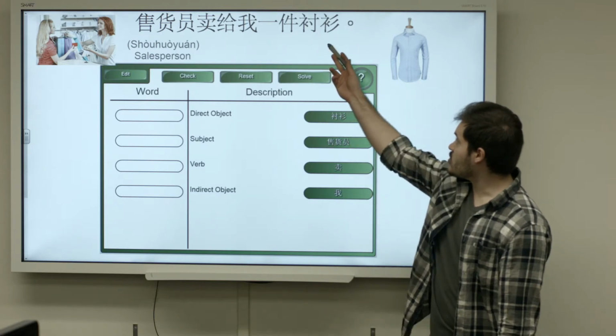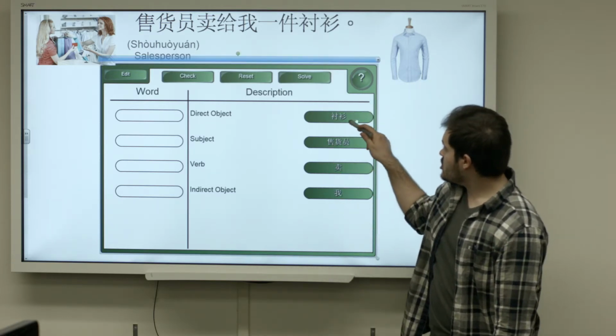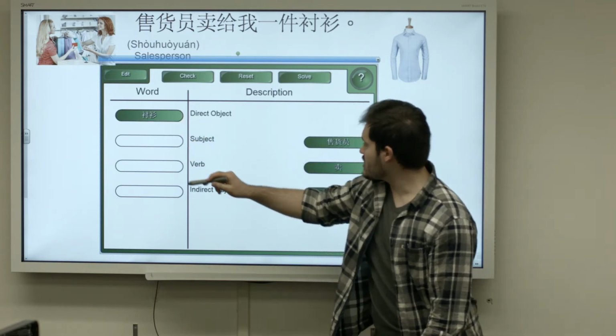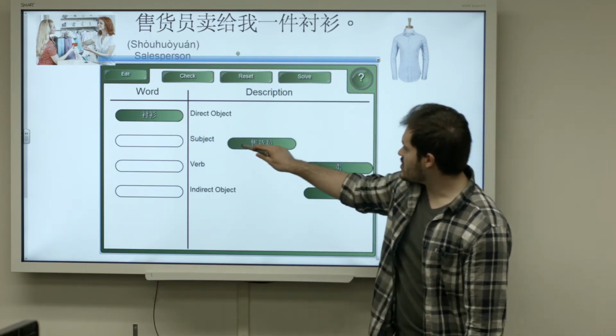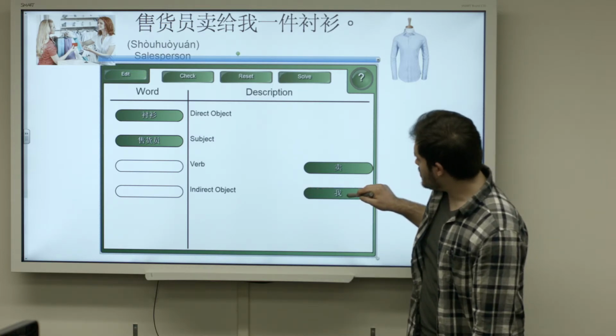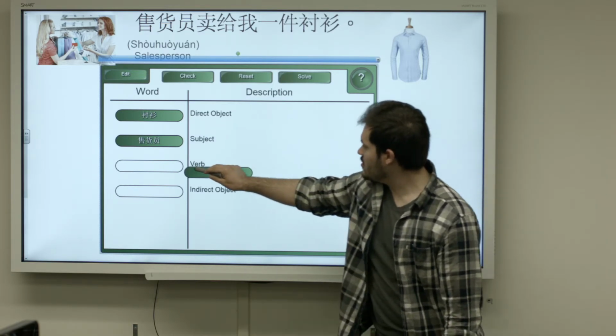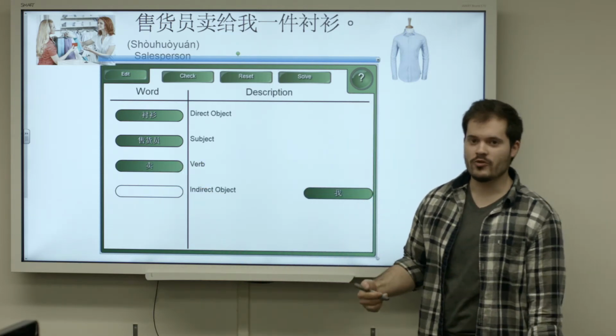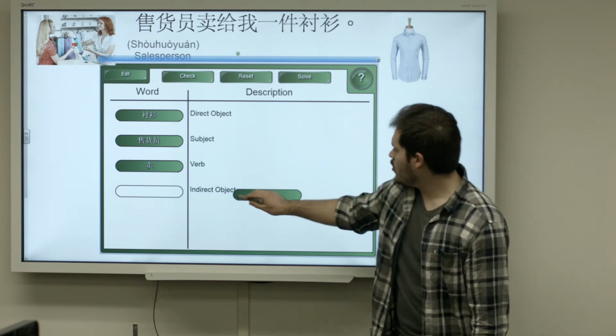But the measure word for shirts is 一件. 衬衫 is the shirt. That's what's being sold to you. So that's the direct object. The subject is the salesperson. The verb is 卖. And 给 is specifying the recipient or the direction, which is 我.